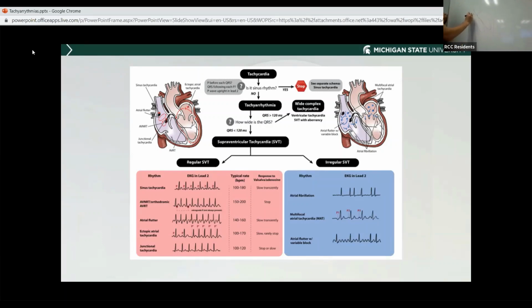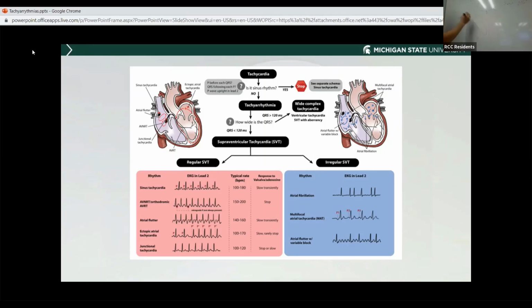So the only impulse from the SA node that will be conducted downwards is the one that reaches the AV node. It will be reflected as a P wave, which is the SA nodal impulse, and the PR interval, which is the AV conduction delay, and we'll use it in a minute. And then you'll have the QRS. So this is the normal sinus.